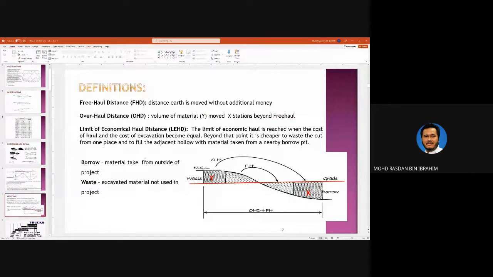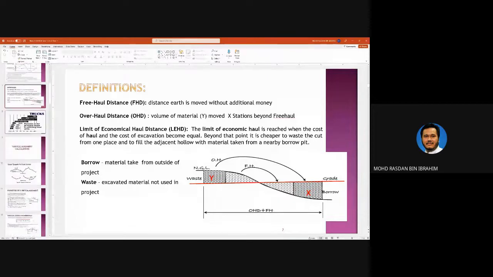definitions, the definitions that we use, the terminology. Free haul distance means that this is a distance that you determine. Actually, this is determined by the QS. It is the distance over which you can move this amount of earth without additional money, meaning that you already have your machinery here.